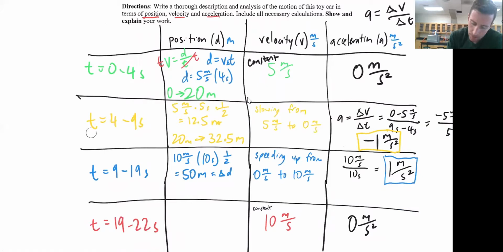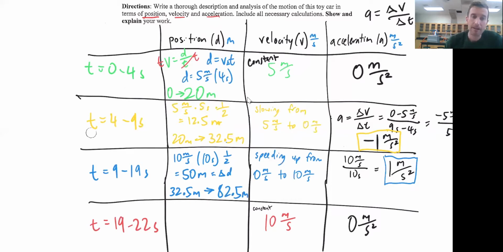Now 50 plus my 32.5, I'm going to go from 32.5 meters to 82.5 meters. So during that time period, I'm going 32.5 to 82.5.